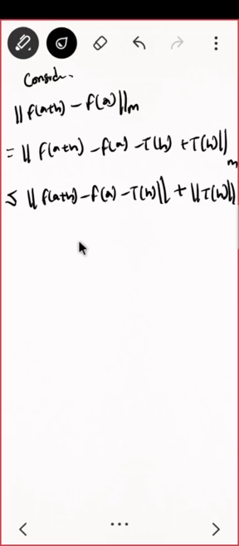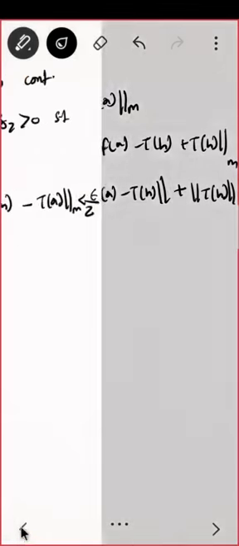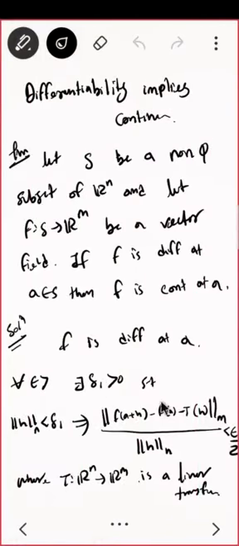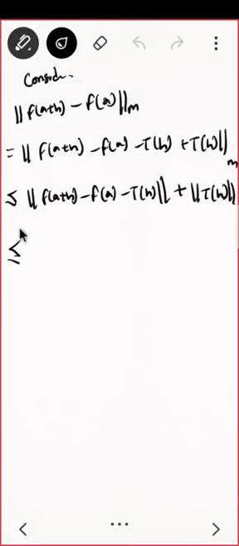Okay, now what? Do we have a bound for this? Look at the first thing. I want a bound for this, so this will be multiplied to that one. So epsilon by 2 into norm H, plus, what about norm T of H?